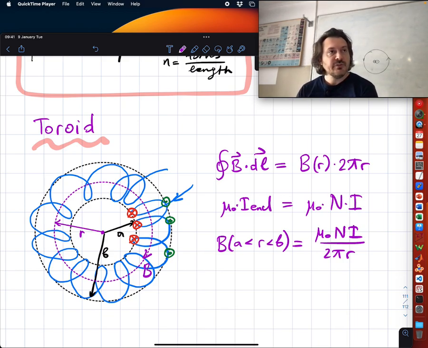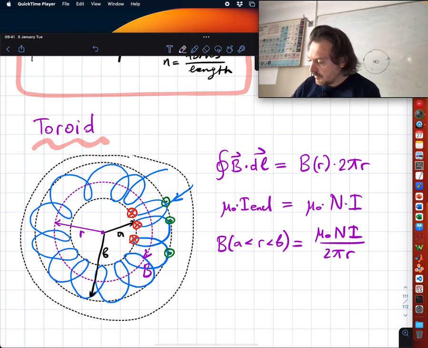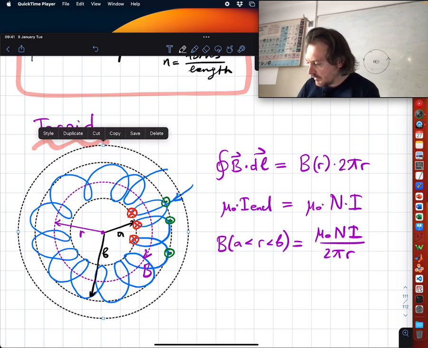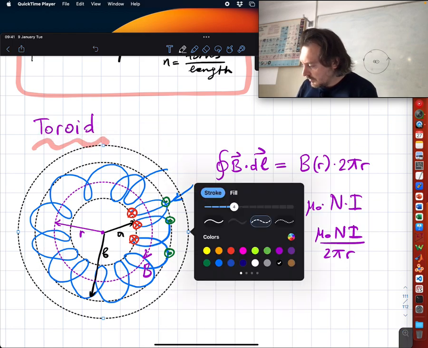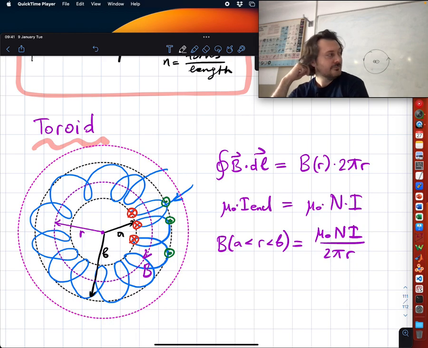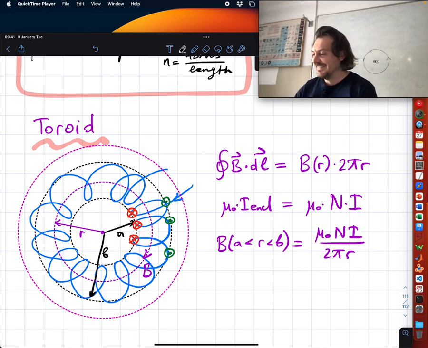What happens outside this toroid? It should be 0. Because if I draw outside, let me use another color for that one. What is I enclosed for this?